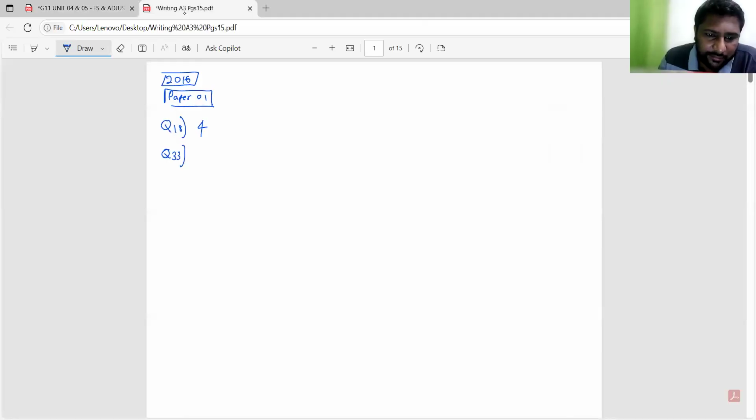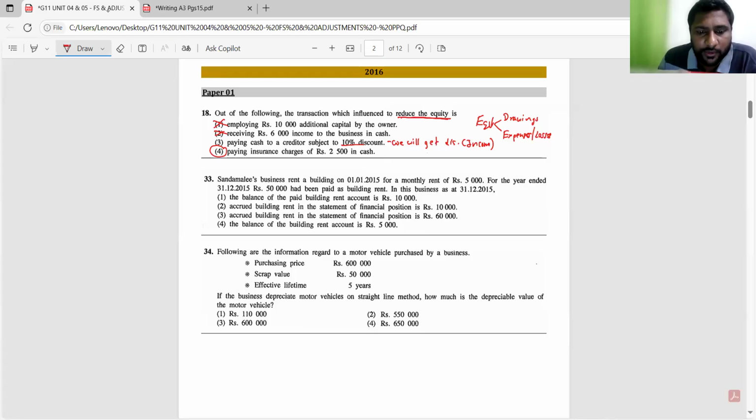Question 33. Sandamali's business rent a building on 1st January 2015 for a monthly rent of 5,000. For the year ended 31st December 2015, 50,000 has been paid for this building.